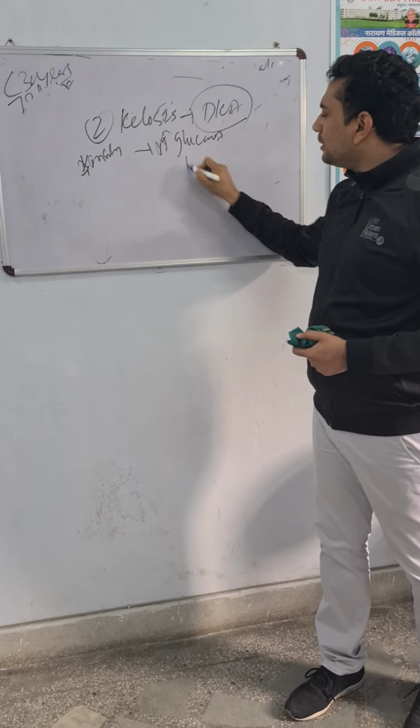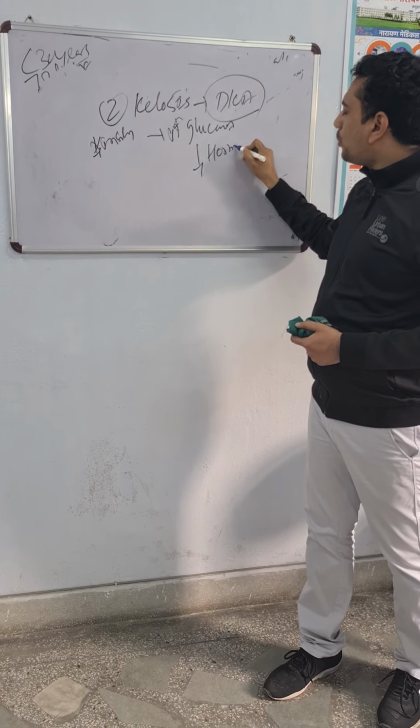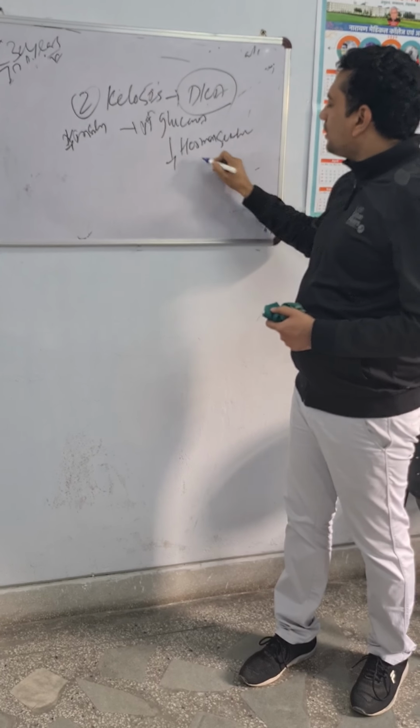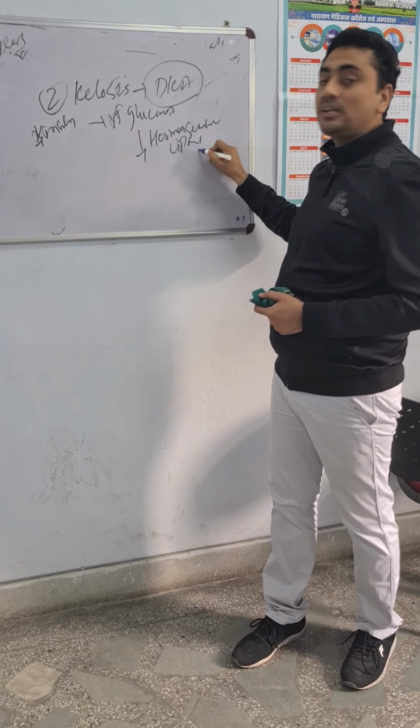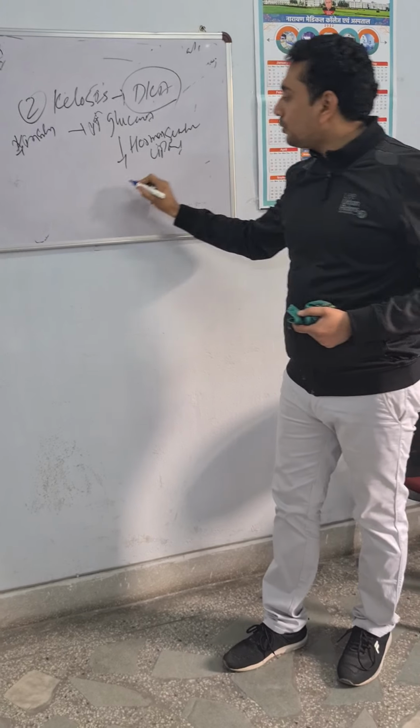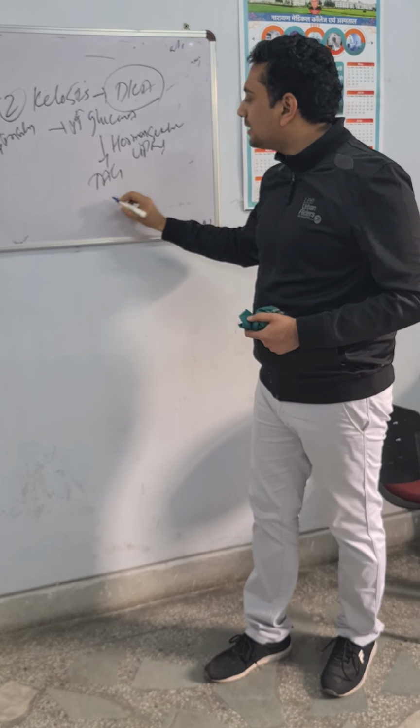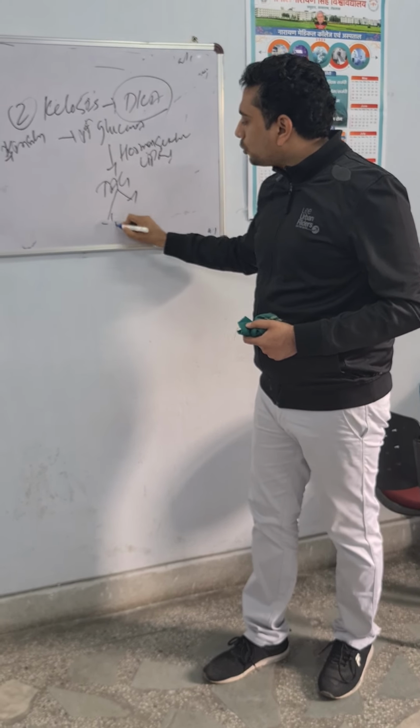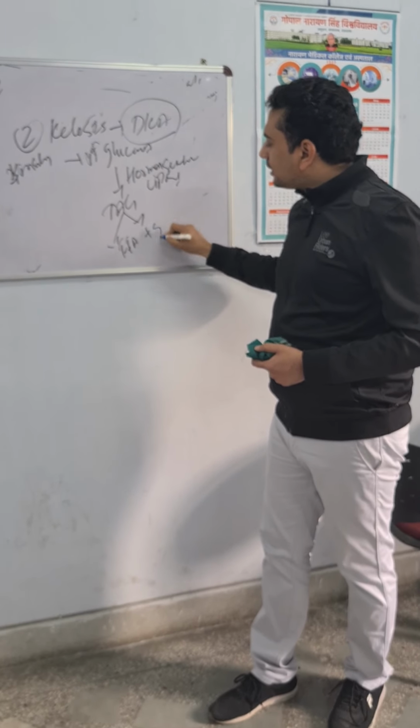This glucagon will stimulate an enzyme called hormone sensitive lipase, and this hormone sensitive lipase is going to break down the triacylglycerol present inside adipose tissue into free fatty acid and glycerol.